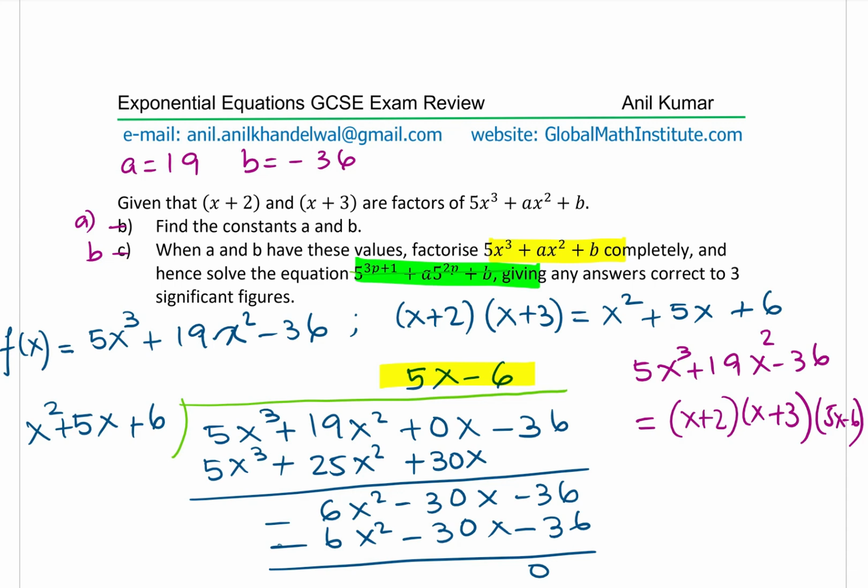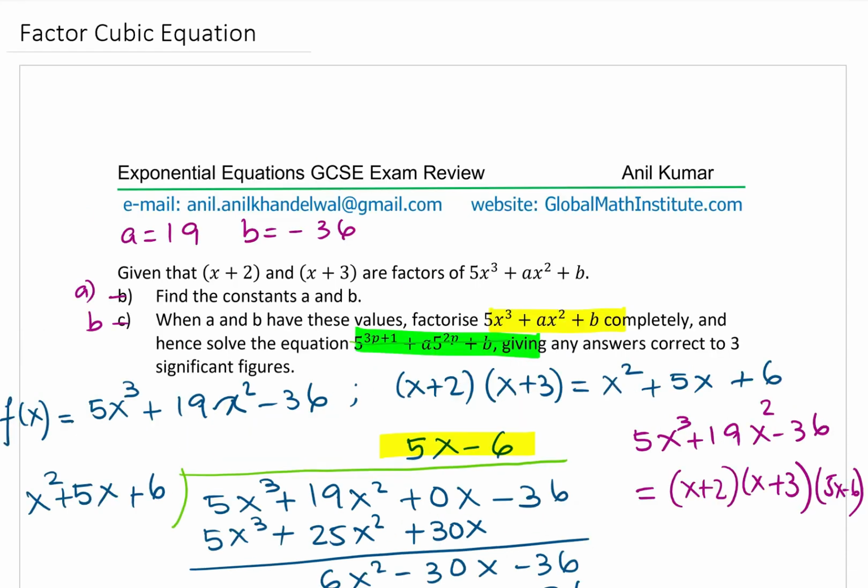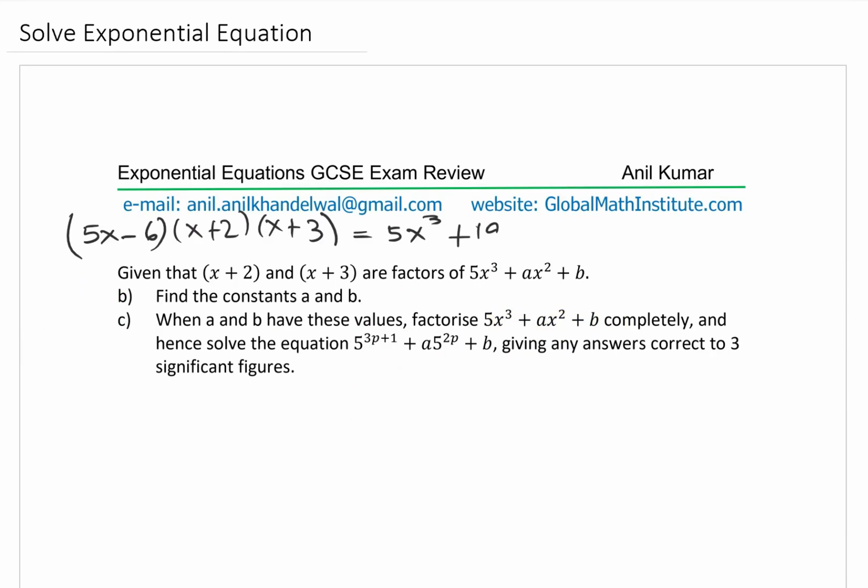A and B values were 19 and 36. Minus 36. Yeah. So that is what we have. So this is what we've done so far. Now let's look into part B, which is when a and b have these values, right? So we know what a and b are. So the values for a and b are, let's write down. A equals 19 and b equals minus 36.